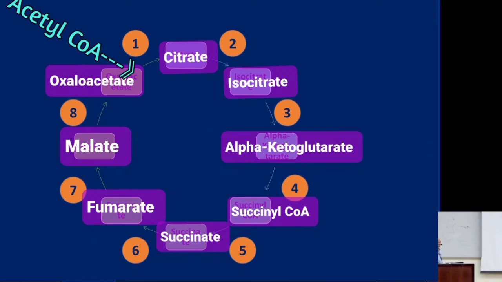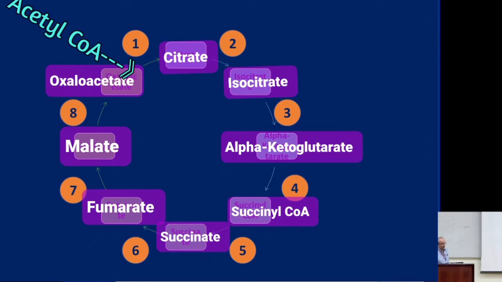That has 1, 2, 3 carboxylic groups. That's why the cycle is called the TCA, or the tricarboxylic acid cycle, or the citrate cycle. So the first molecule formed is citrate by the enzyme citrate synthase. That's always the beginning of the cycle. The cycle will always begin here on top. So you need both acetyl-CoA and oxaloacetate to start it.